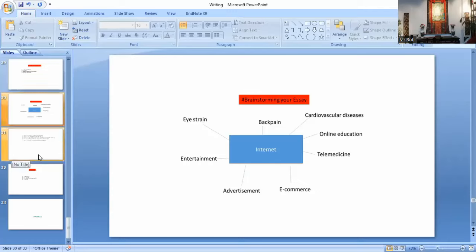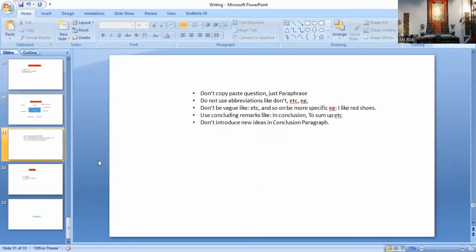And besides that, another thing you need to take into consideration while writing is to not copy and paste the question in your essay, just paraphrase. Don't copy paste. So we have to use our own words, which shows our originality.